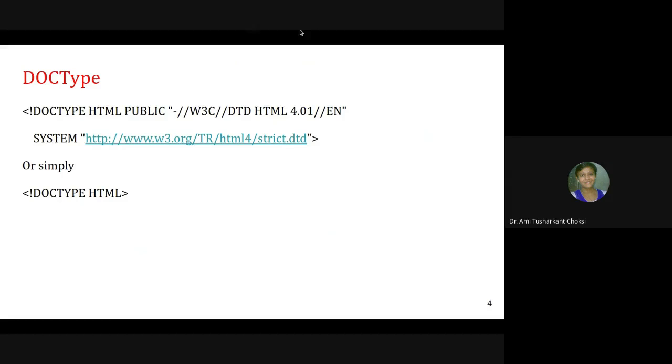And there we can write this way, that is less than exclamation doctype html, then public, dash 2 slashes W3C, again 2 slashes DTD HTML4.01 slash double EN system, and the DTD, that is document type definition, right?